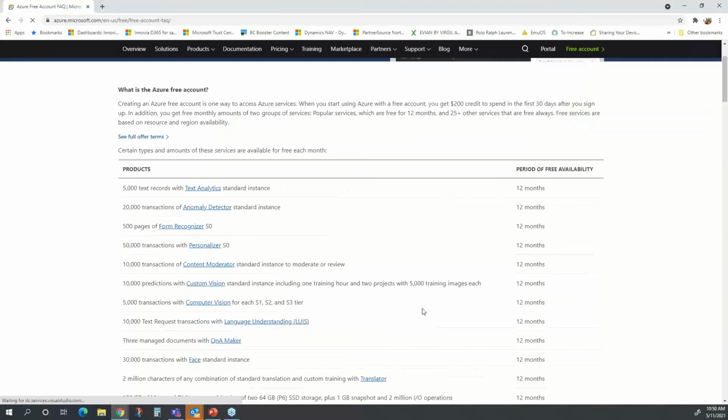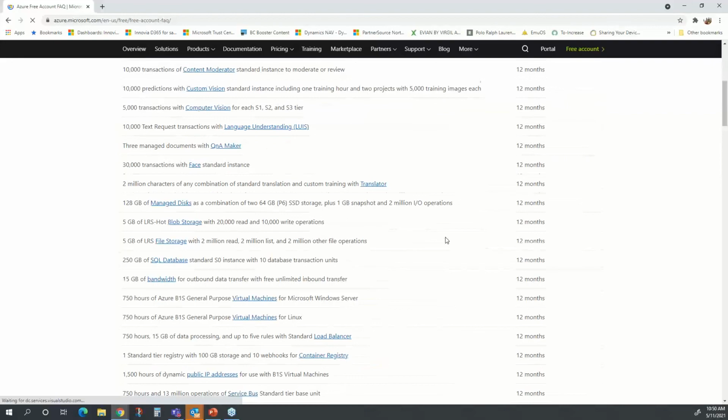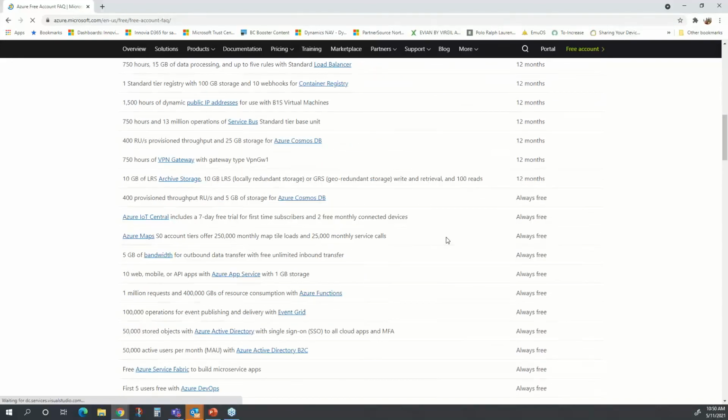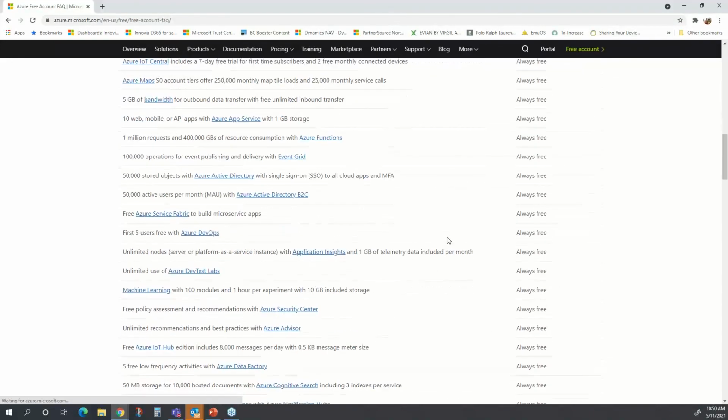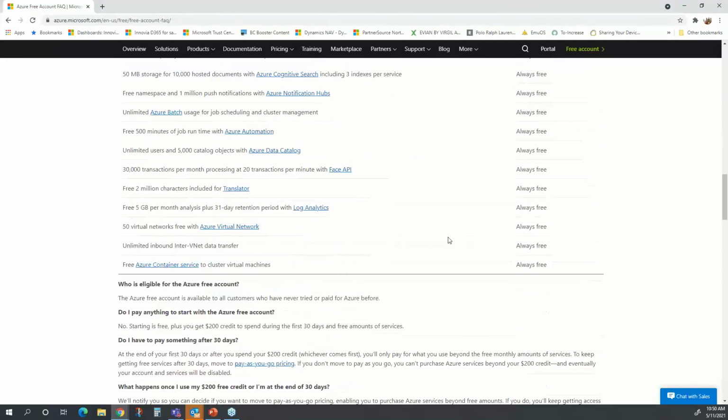But all of this information, there's just a ton of it, and this page goes on and on, in terms of the exact offers that you can get for free, to sort of just understand what's possible in Azure.